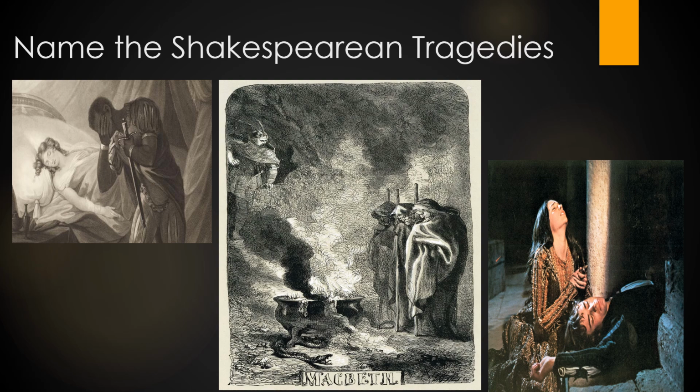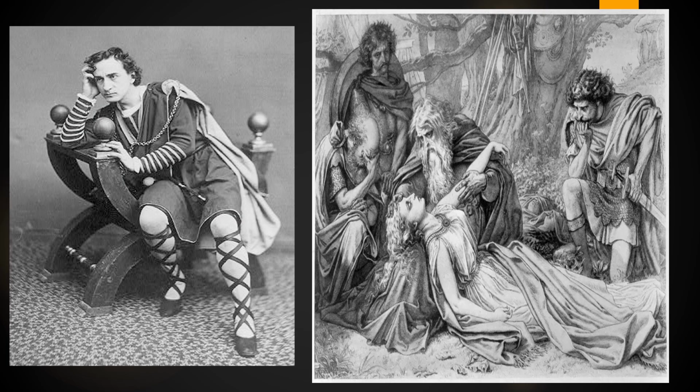In the middle one, it's mentioned that it's Macbeth there. Now, in the last one on your right side, we have two lovers who are very young, belonging to rival families, and both die. The picture on the left is about a man who perhaps overthinks instead of taking action.